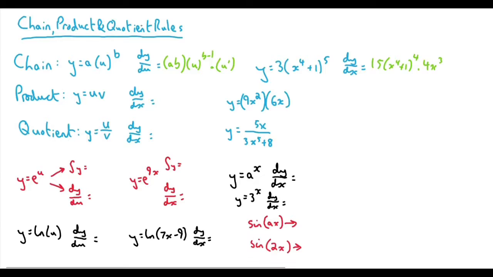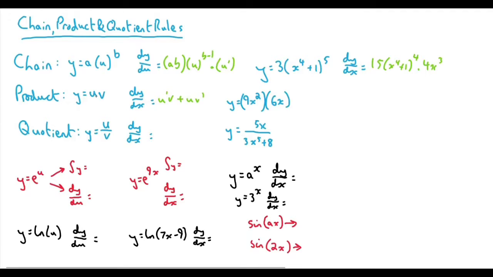So for now, we'll just say that if you have u times v, where each of u and v are terms involving x, the differential will be u dash v plus u v dash. When we say dash with these apostrophes, this is a notation you may find to represent that this letter has been differentiated.